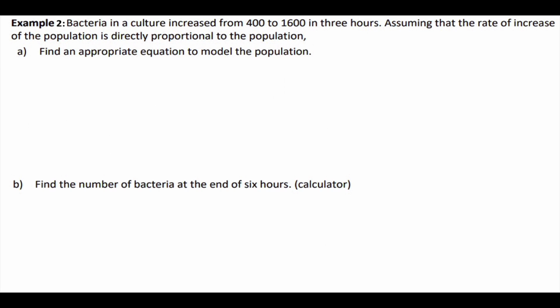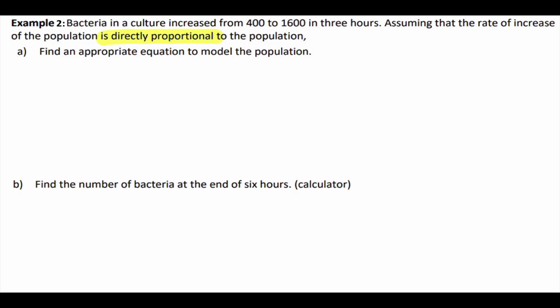In those first two sentences, how do I know that this is going to be exponential growth or exponential decay? How do I know? There you go. Right there. Those words that we were looking for since the first page.